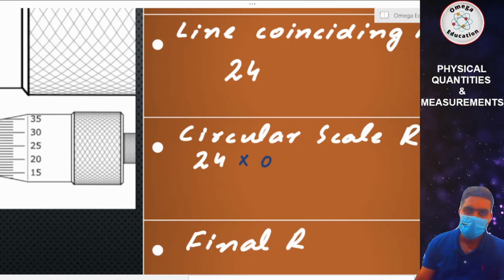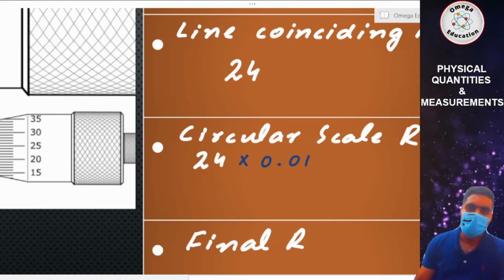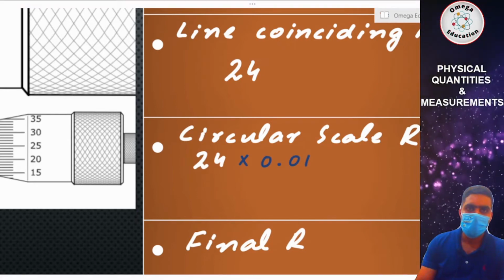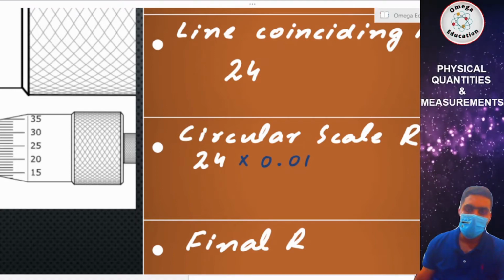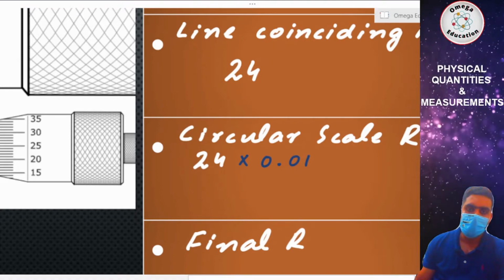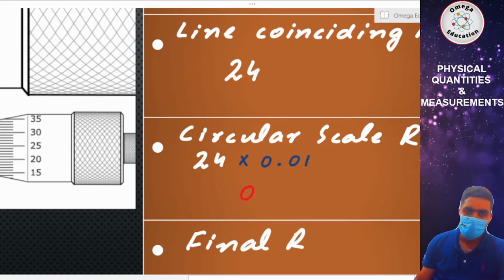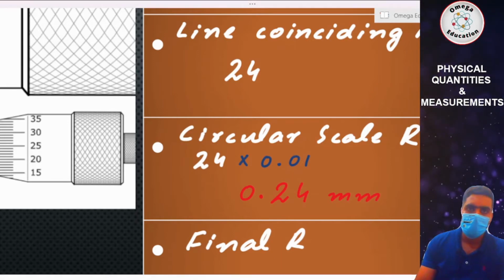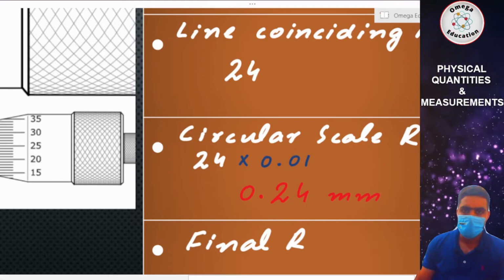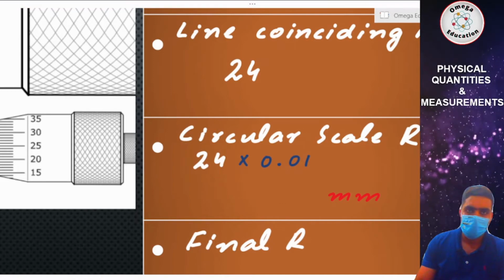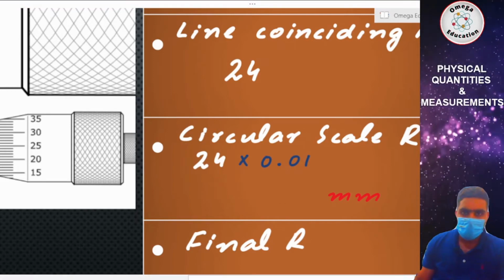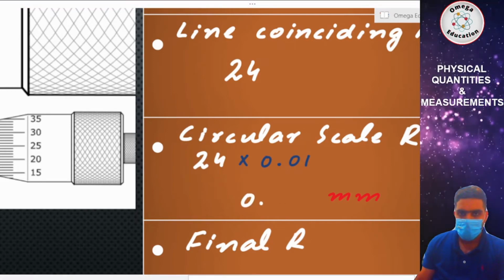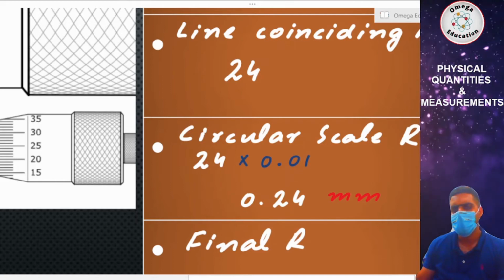So this line number would be converted into the circular scale reading, and it would be 0.24 millimeters. When you have done enough practice, you can do this step in your mind.